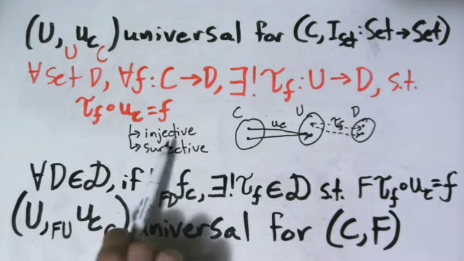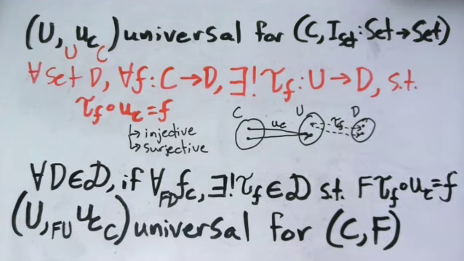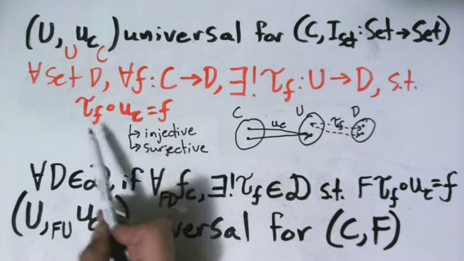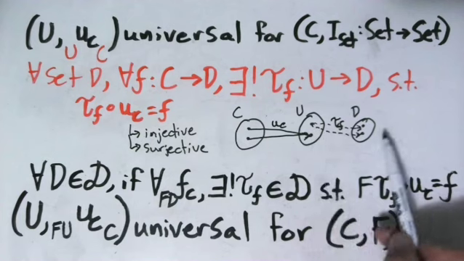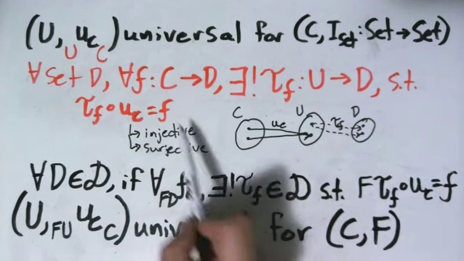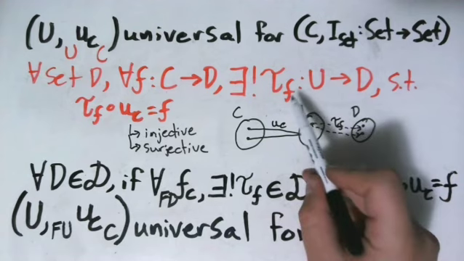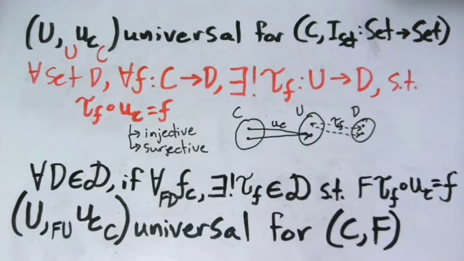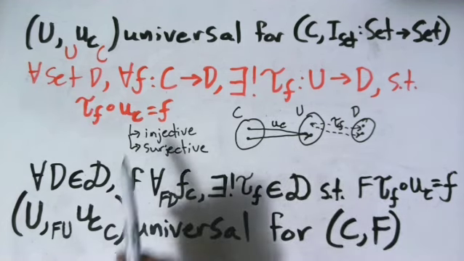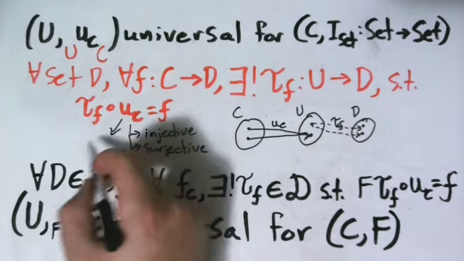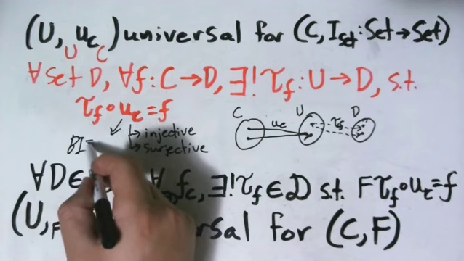And that would not affect this formula at all because this element is leaving out the element that causes the problem here. So this equation is going to hold every time, even though there's a whole bunch of distinct tau of f's. And so this uniqueness property fails. So what we actually have here is that if this pair is universal, then U_C has to be a bijection.